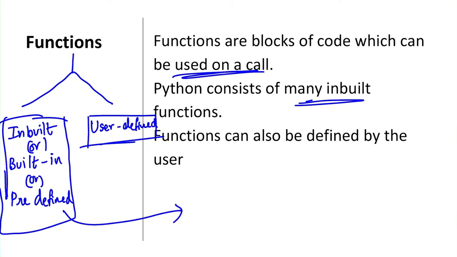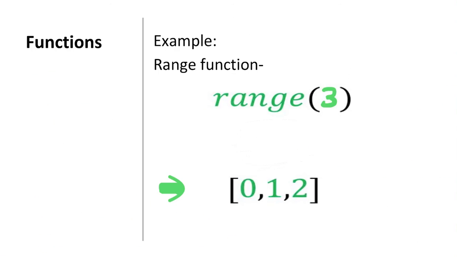Let me give you some examples of inbuilt functions, like the print statement or the range function. In the earlier loops video, I spoke about the range function. Similarly, there are a lot of functions and methods which are inbuilt or predefined. Let's take the example of the range function.